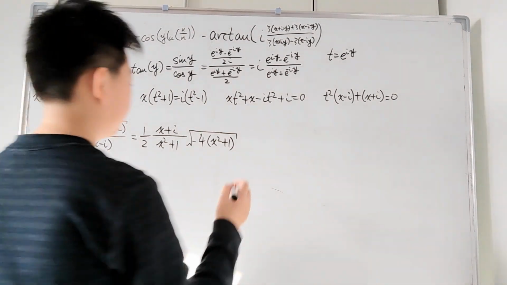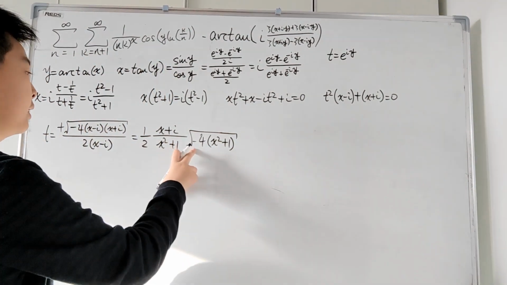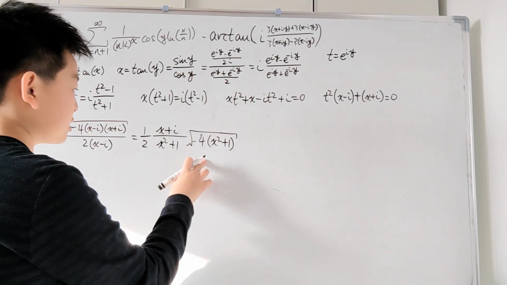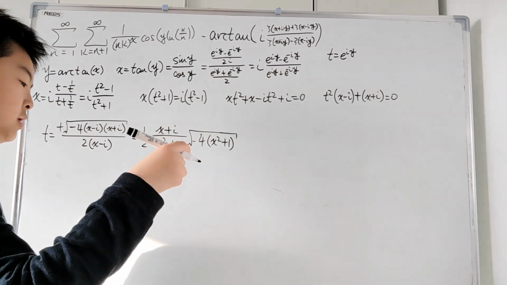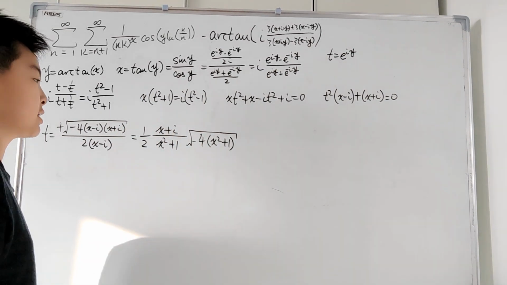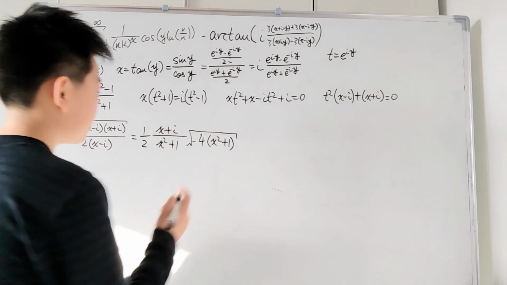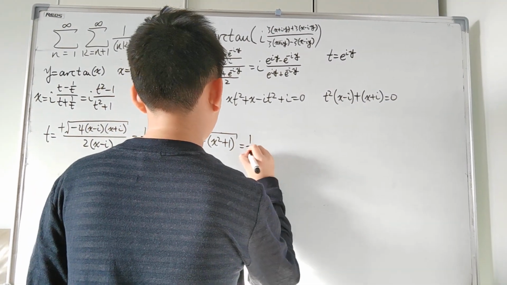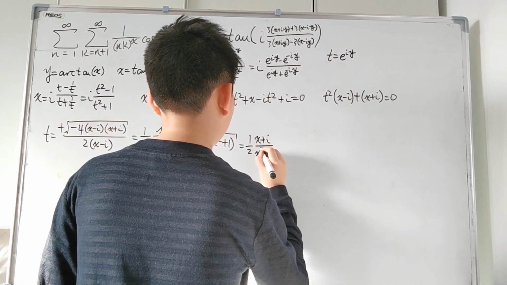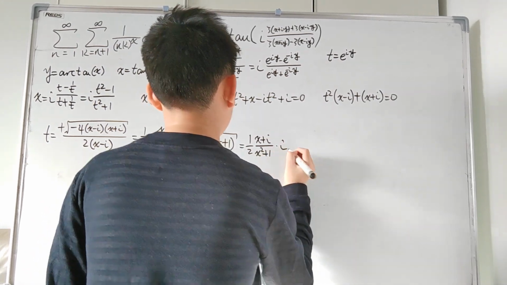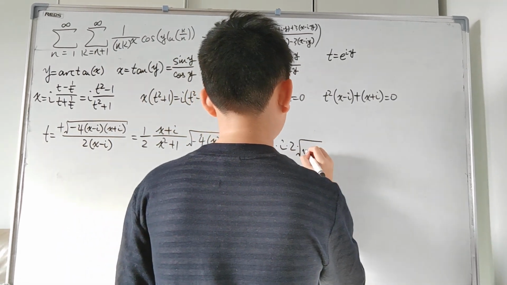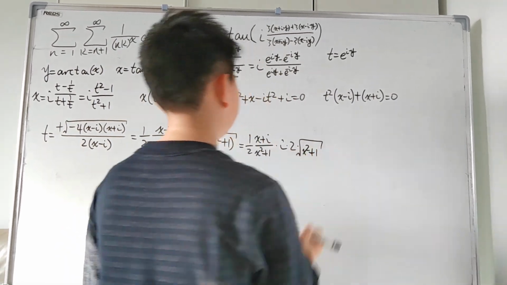And then we're going to split this up, so the root of negative 1 is just i, root 4 is just going to be 2, and then root of x squared plus 1 is going to be the exact same thing. So here we have equal to 1/2 times x plus i over x squared plus 1, multiplied by i times 2 times the square root of x squared plus 1.